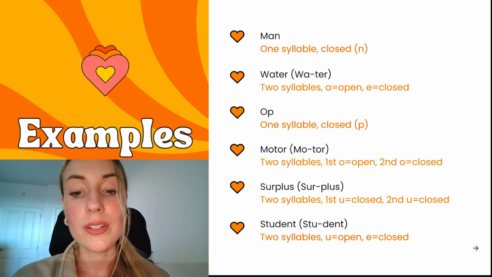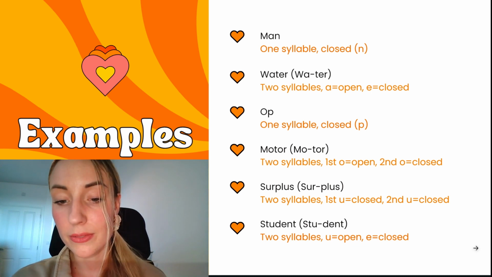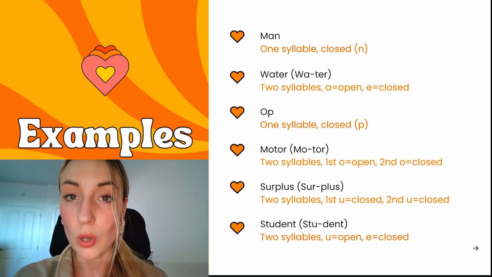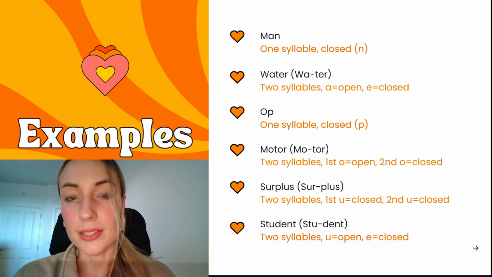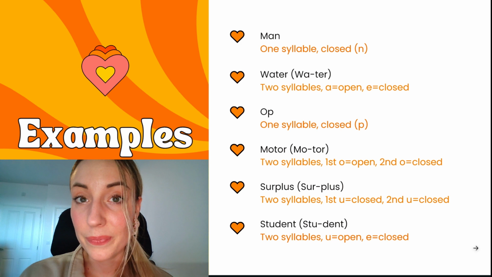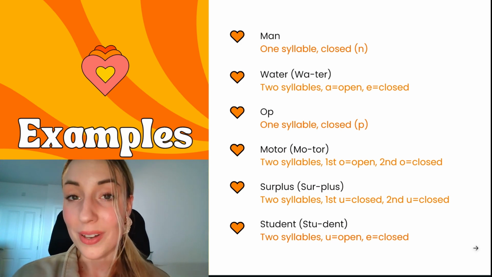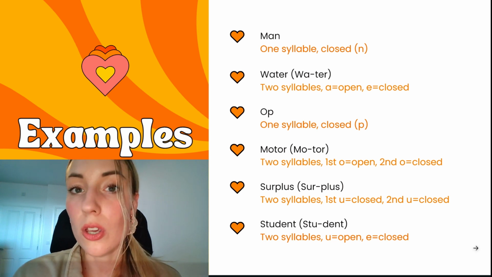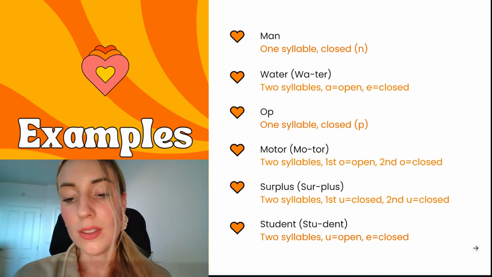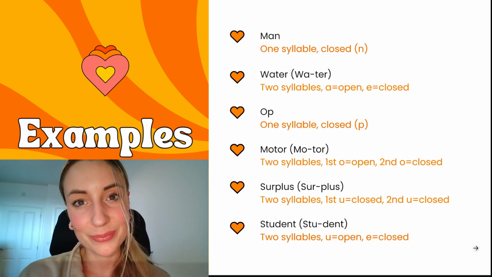Then if we move on to surplus, sur, plus. 2 syllables, both of them are closed because both of them end in a consonant, so it's very short, surplus. Whereas student, 2 syllables again, the U is open, ends with the vowel, stu, not student. The E once again closed, so it's a short sound, student.